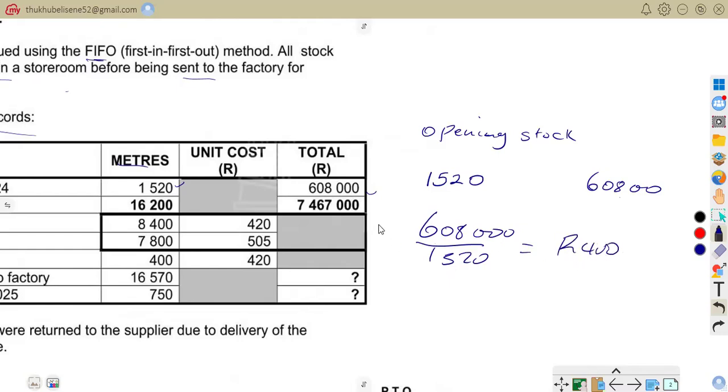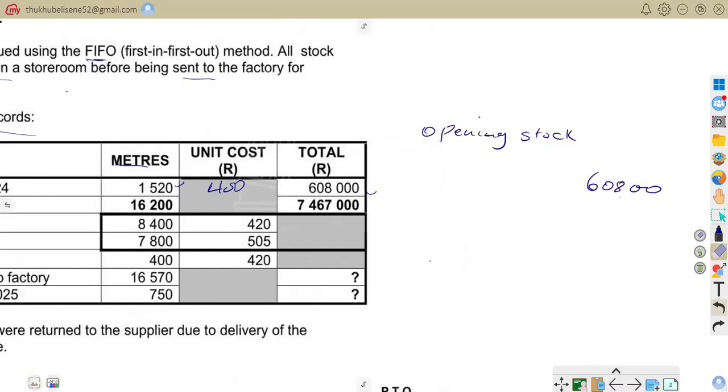So 400 is our unit cost. So we are going to start with our opening stock like we are saying. Opening stock is 1,520 multiplied by 400. Then it will give us 680,000. That is our opening stock.